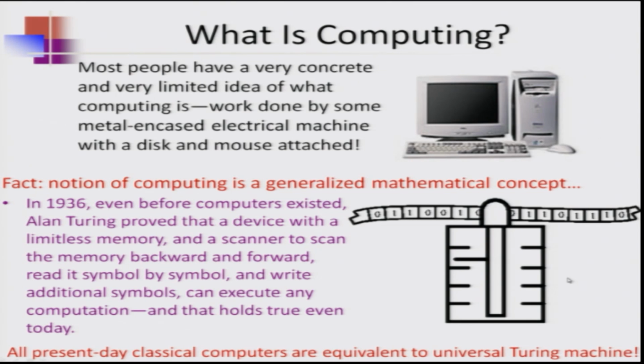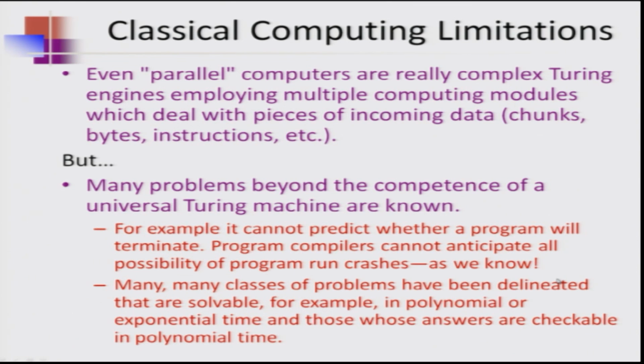Okay, so that is the first principle that we have to understand. In fact, the massively parallel computers of today are nothing but really complex Turing engines employing multiple computing modules which deal with pieces of incoming data, chunks, bytes, instructions, whatever they are.